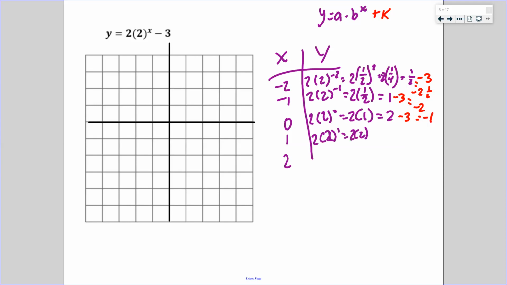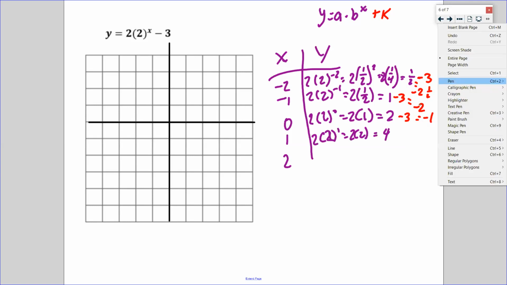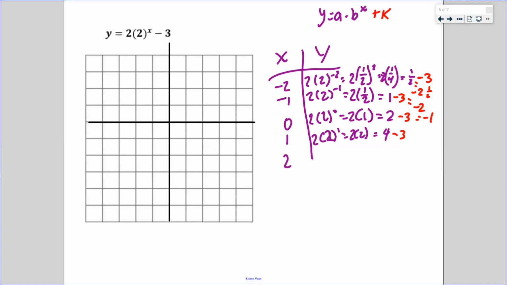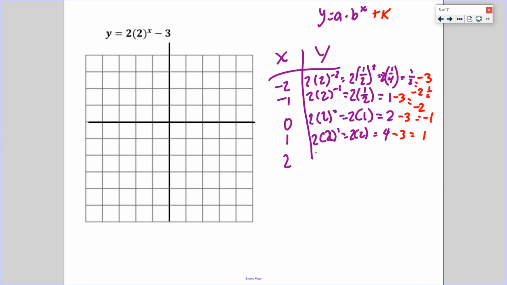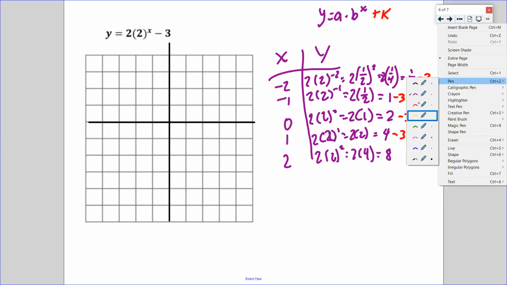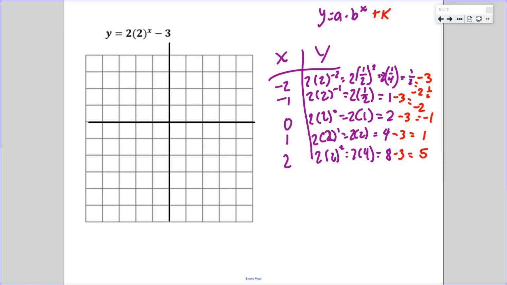That's 2 times 2, or 4. Minus 3. That's a positive one. Two times 2 squared. That's 2 times 4, which equals 8. Minus 3. That is 5. So it shoots up pretty quick there.